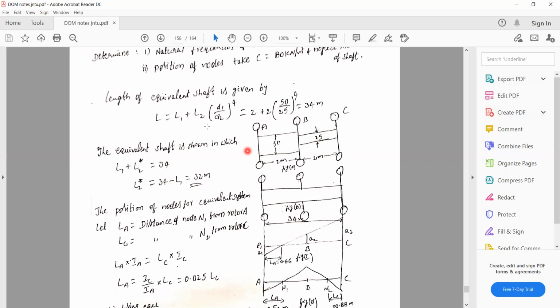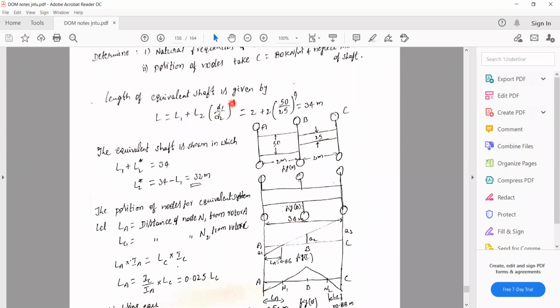First we have to find the equivalent shaft, that is, the length of the equivalent shaft. That is L equals L1 plus L2 into D1 by D2 whole power 4, because only two diameters are there.